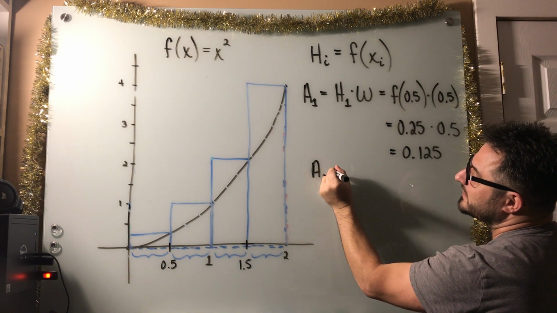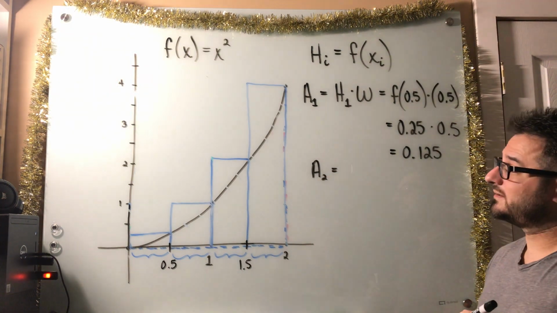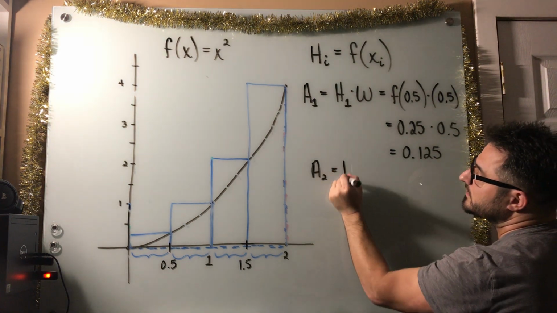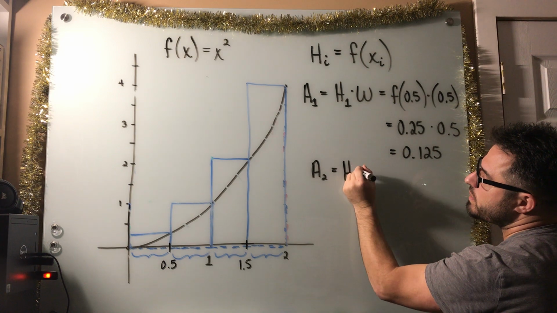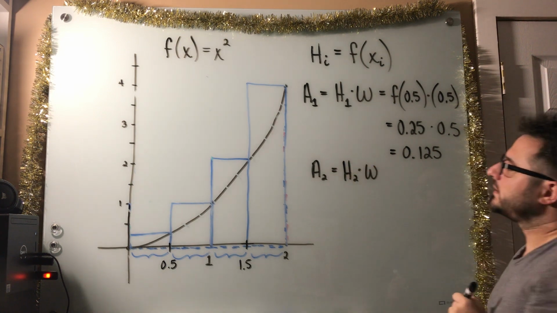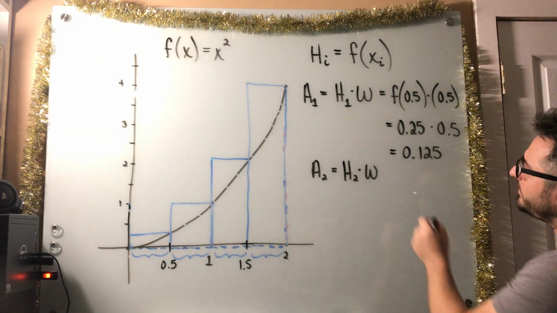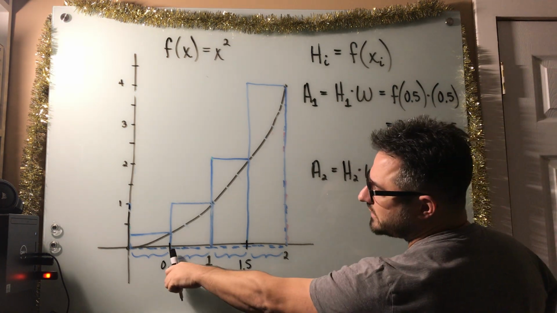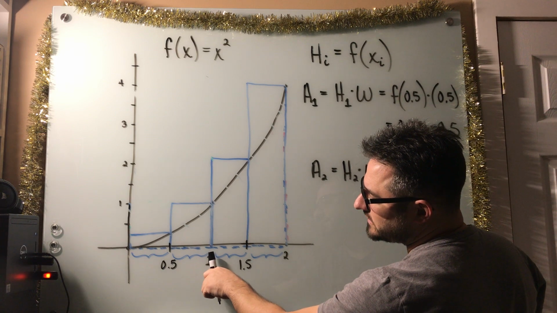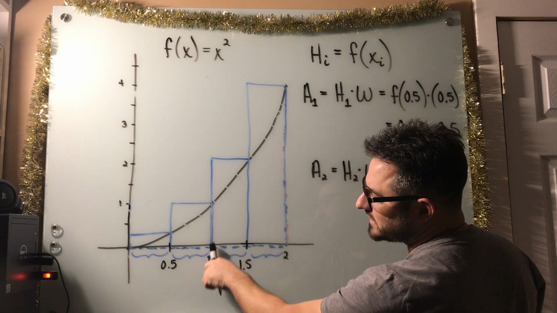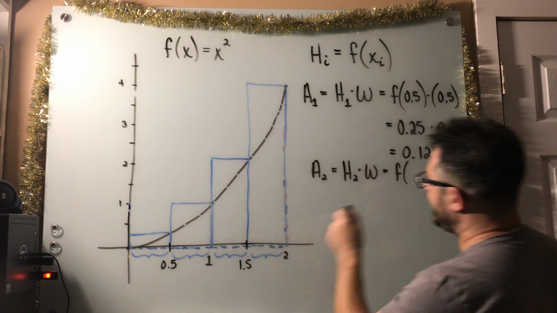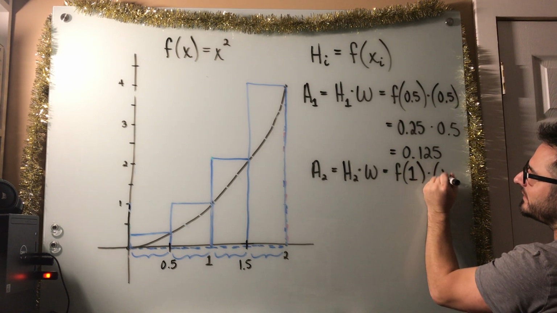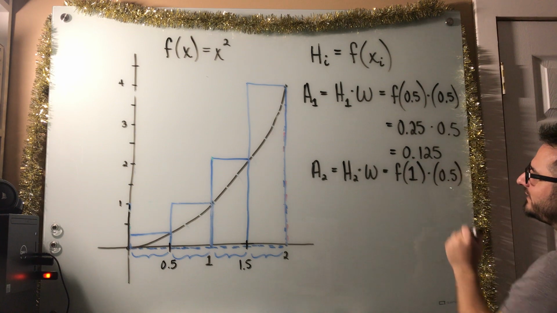Now, we have to repeat this for the second, the third, and the fourth rectangles. So the height of the second rectangle is going to be the output value of the function at the right endpoint of the second subinterval. So f of 1. Now, the width is again 0.5.